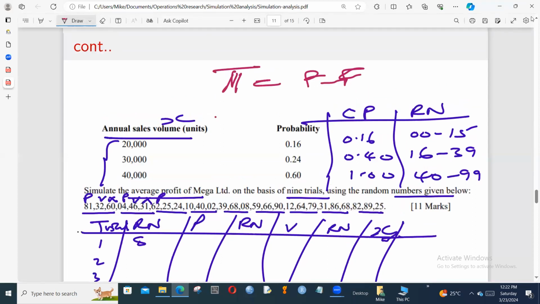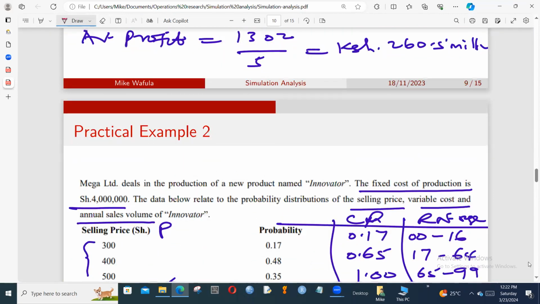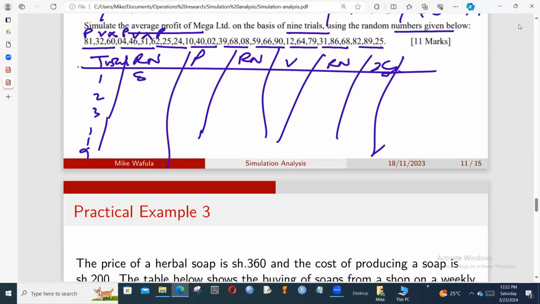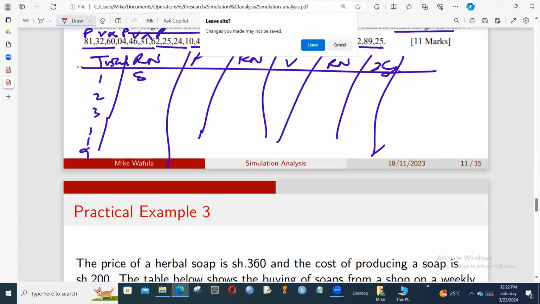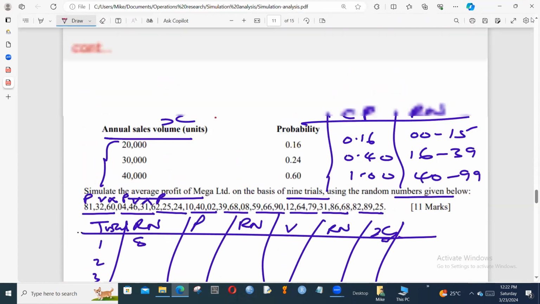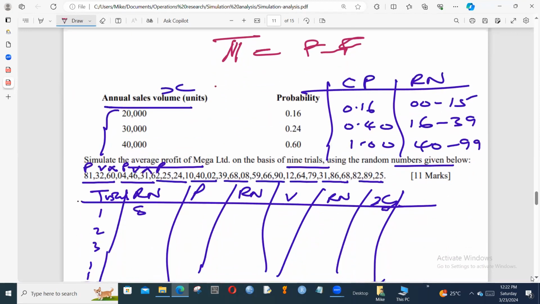Plus variable cost. And the units. And the selling price. How do you find profit?